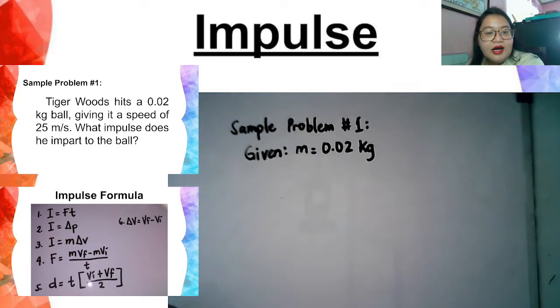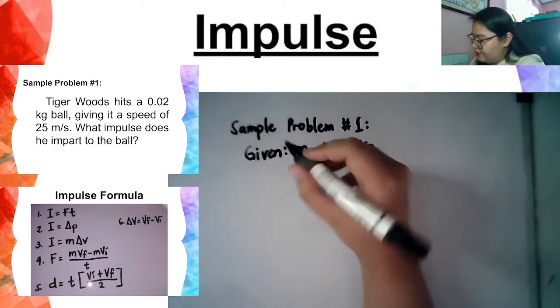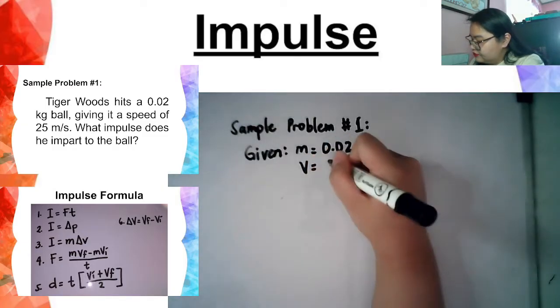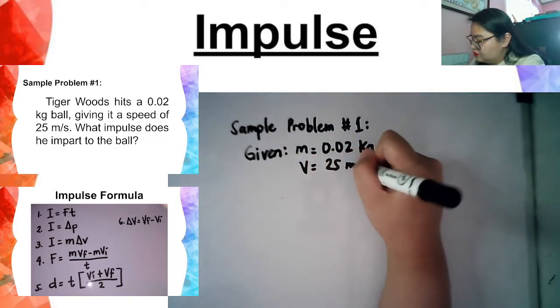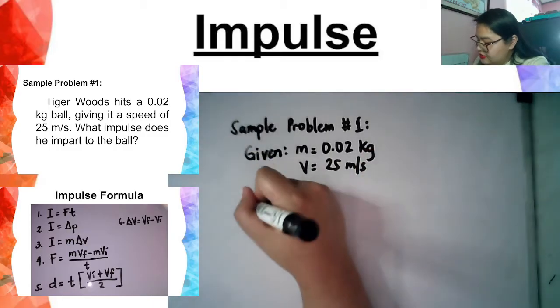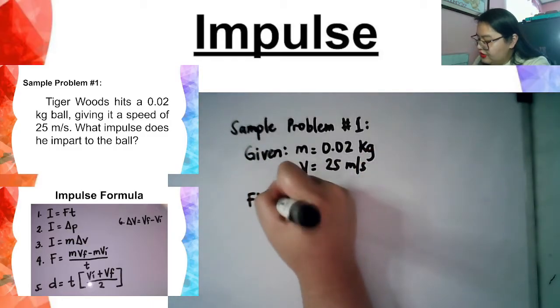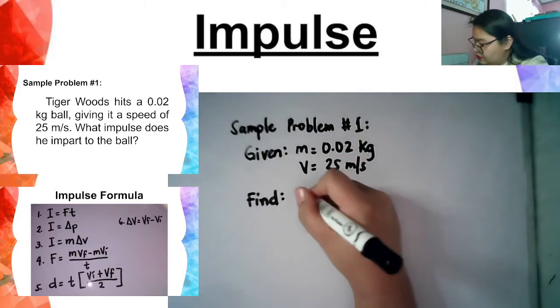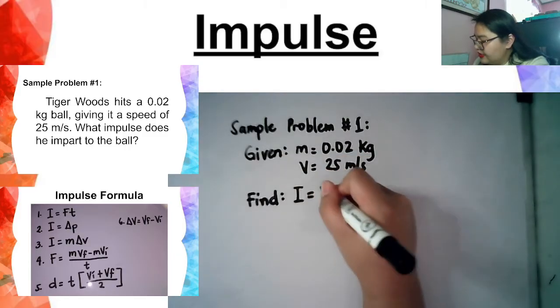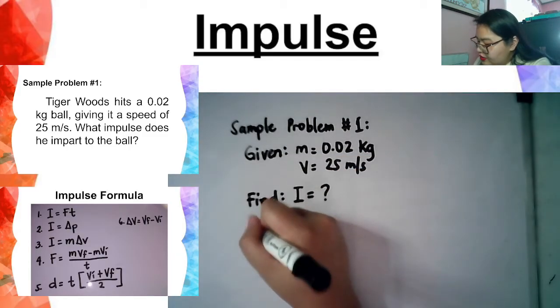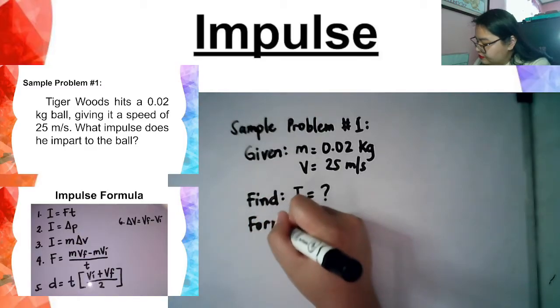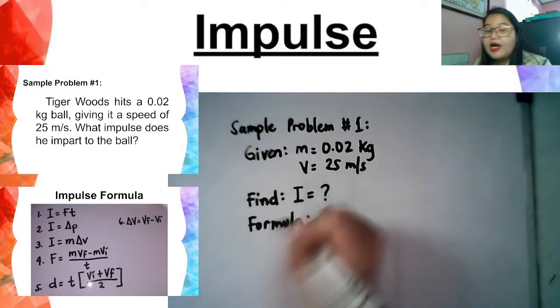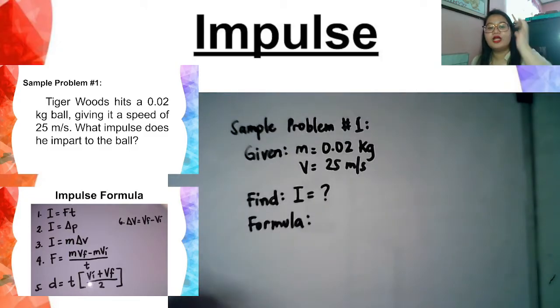And then, next we have the velocity, which is 25 meter per second. Next, we need to find for the impulse, which has the symbol capital letter I. Now, for the formula, as you can see, we have 3 different formula for impulse. So, you have number 1, number 2, and number 3.